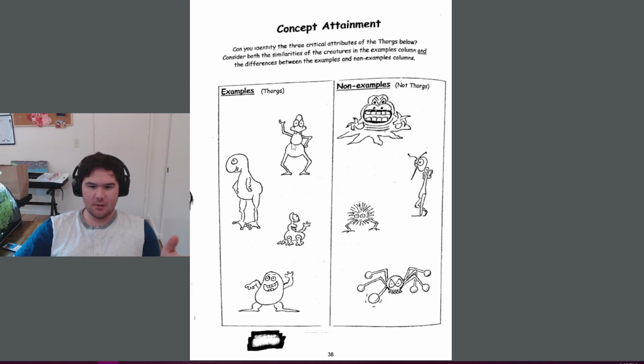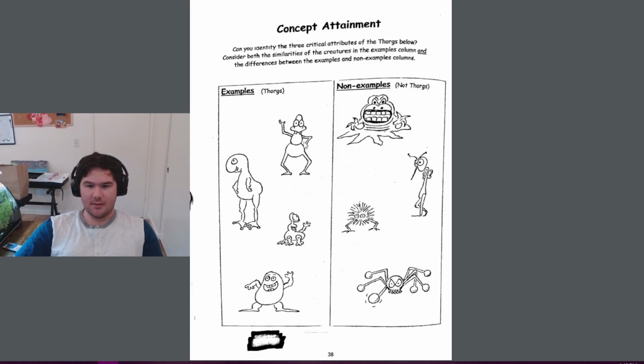Every single creature here is making a smiling expression. This guy's smiling, smiling, smiling. This guy's more grimacing, and these guys kind of lack facial features. The only reason this is more of a grimace is just because his eyebrows look so angry. But yeah, so we figured out these guys are smiling.